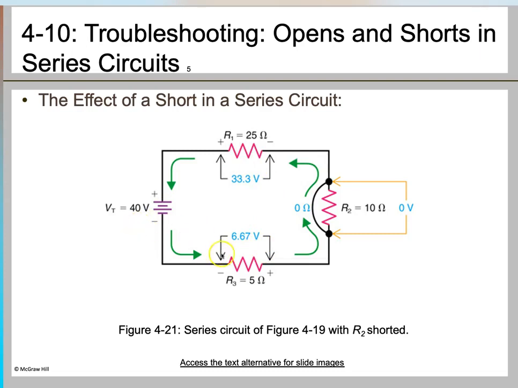That's why the voltage across them will increase, because the voltage across R2 is now 0 volts. Right now we don't know what the actual voltage was before, and you can calculate on your own how much the voltage has gone up when R2 is shorted.